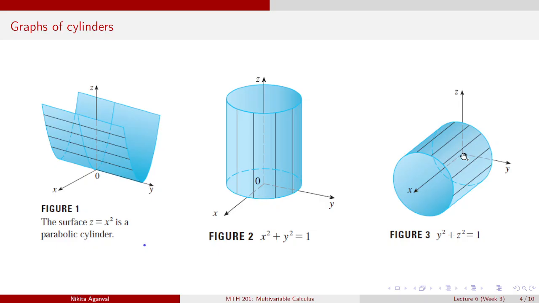Then you extend this picture in the positive and negative direction of the missing variable, x. So that's how you draw cylinders. You set the missing variable equal to 0, plot the curve that you get, and extend that curve in both directions of the missing variable. Cylinders are easy to draw.